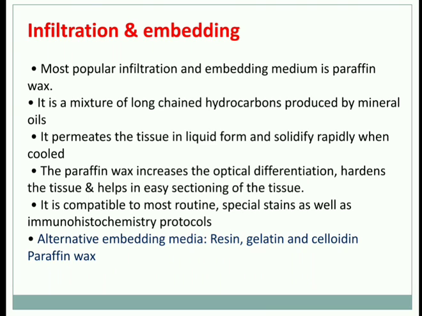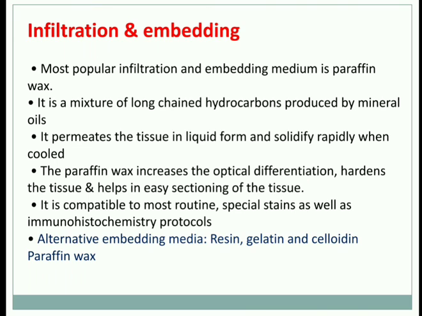Next step is infiltration and embedding. The most common infiltration and embedding medium is paraffin wax. It is a mixture of long-chain hydrocarbons produced from mineral oils. It permeates the tissue in liquid form and solidifies rapidly when cooled. It is compatible with most routine special stains as well as immunohistochemistry protocols.